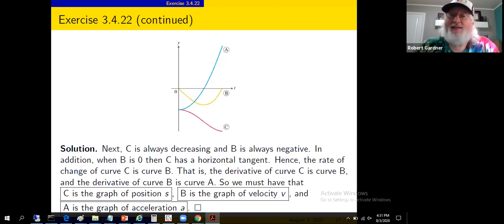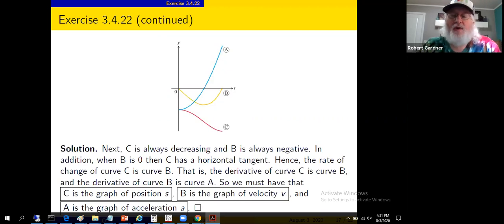So if I have to match these up to position, velocity, and acceleration, the rate of change of position is velocity. The rate of change of velocity is acceleration. These must be position, velocity, acceleration. C, B, and A, respectively, is written down here in the little box.